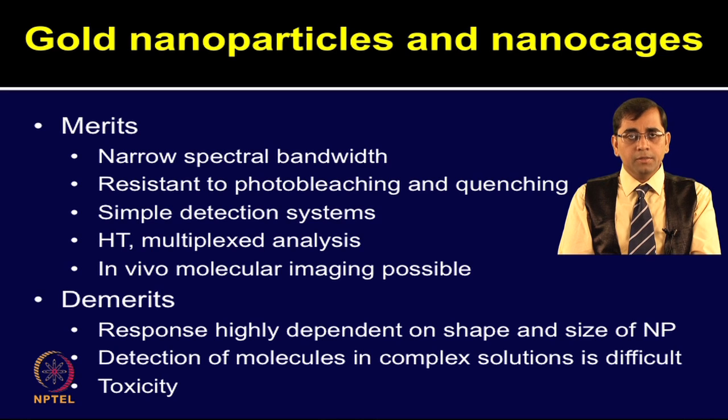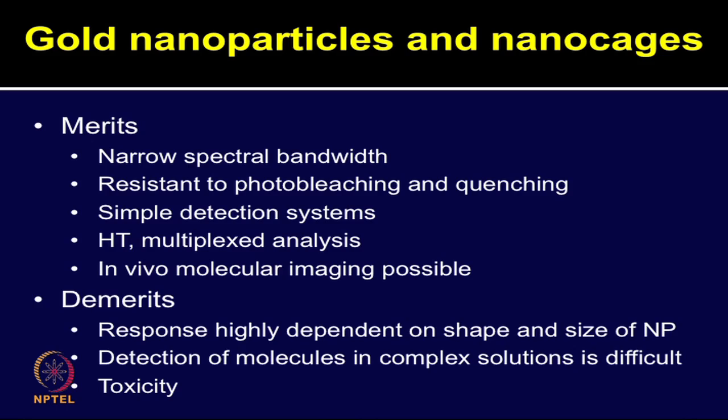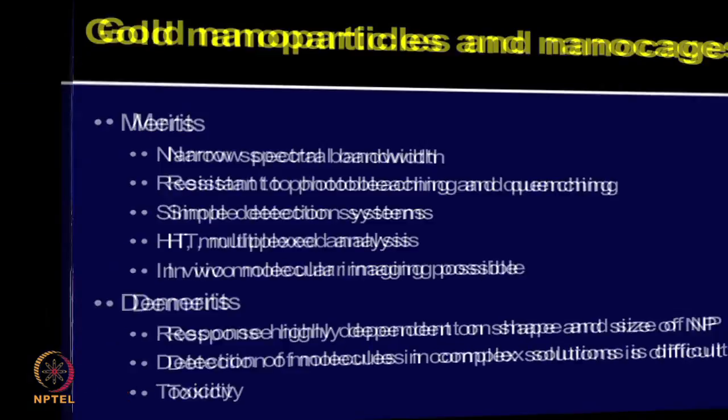Discussing its demerits, the response obtained is highly dependent on the shape and size of nanoparticles, and detection of molecules in complex solution is also difficult. The toxicity associated with these nanoparticles is another major limitation of this technology.